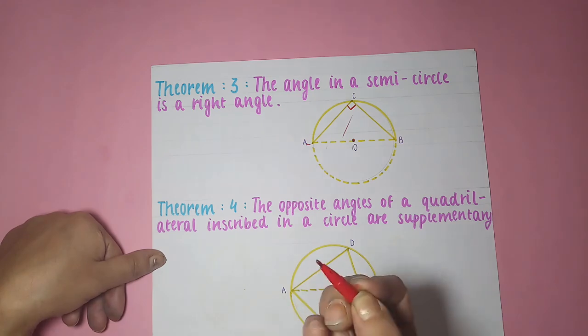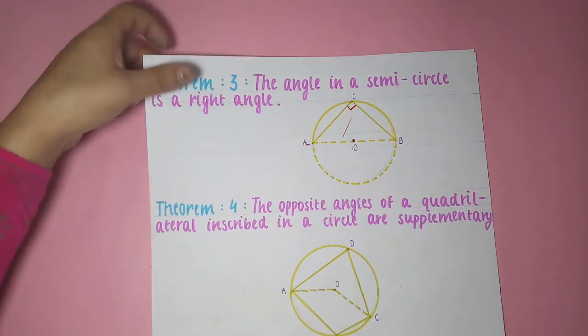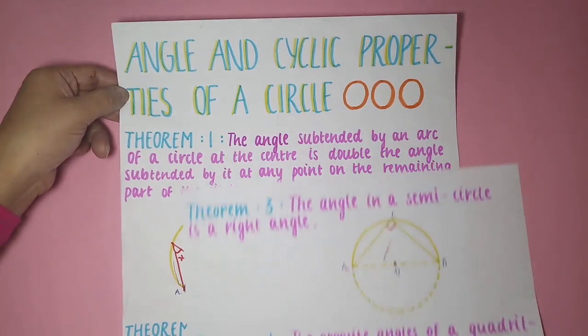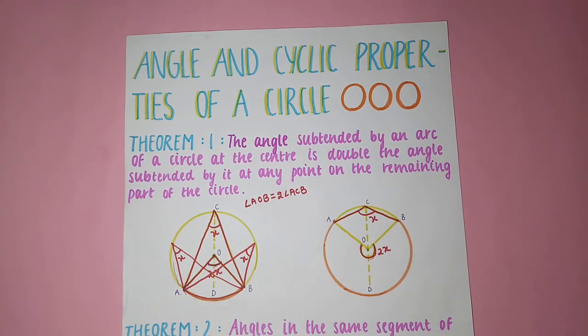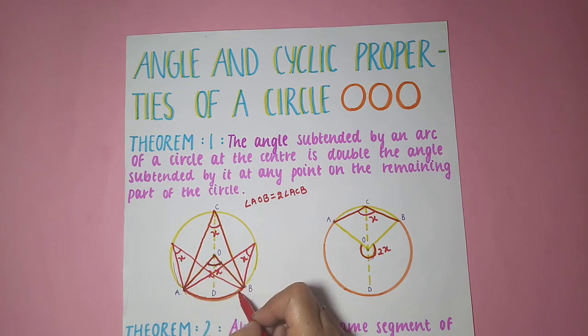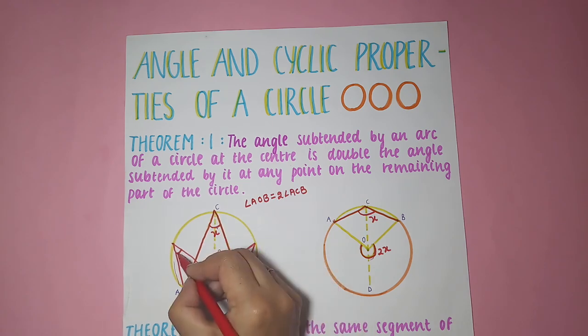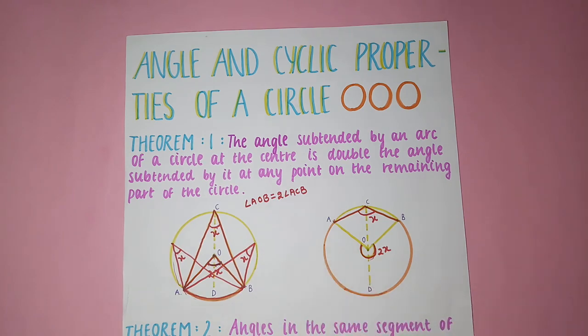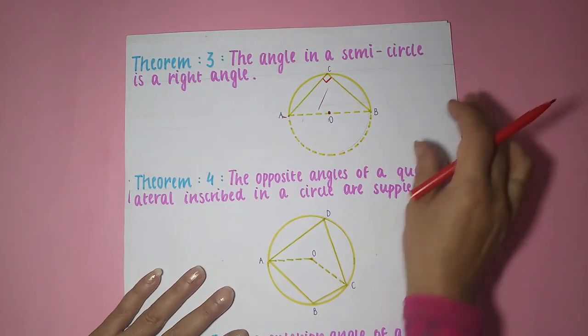Now we have done theorem 1 here. What does it say? It says that angle subtended by an arc at the center is double the angle subtended by it at any other part of the circumference. We are going to apply the same thing here actually.